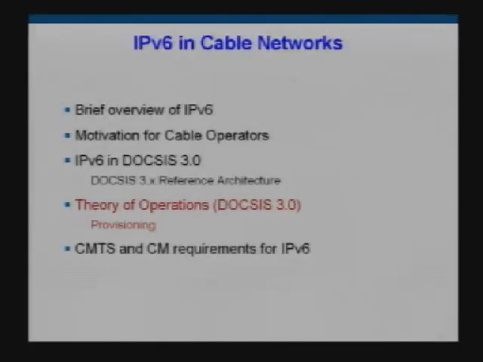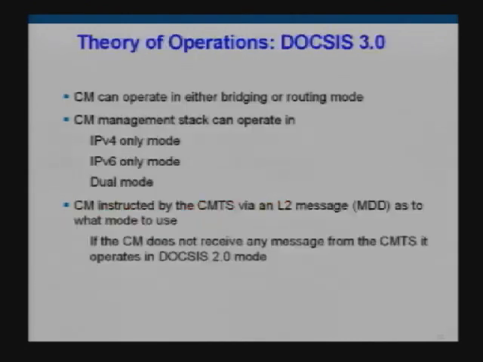Now let us take a look at the theory of operations, mainly on the provisioning side. As far as IPv6 support is concerned for the cable modems, you can have three different modes of operation. In a DOCSIS 3.0 environment, whether IPv4 is supported or whether a cable modem needs to support IPv6 is communicated by the CMTS through the MDD message, the MAC domain descriptor message.